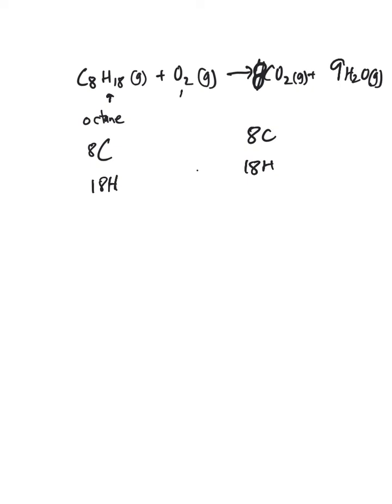I've only got 2 oxygens on the reactant side at the moment. Right now I've got 8 times 2 is 16 plus 9. That gives me 25 oxygens on the product side. So that means I need a 25 halves in front of the O2, and that will be balanced.